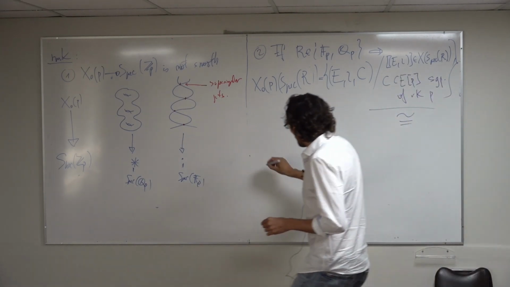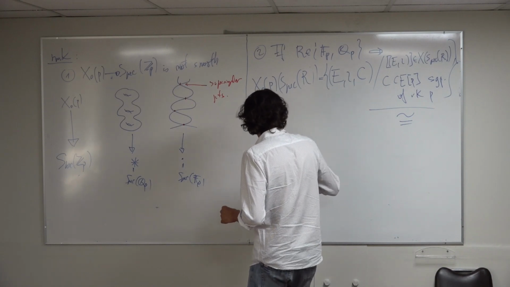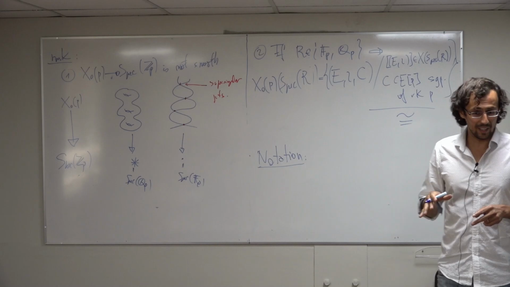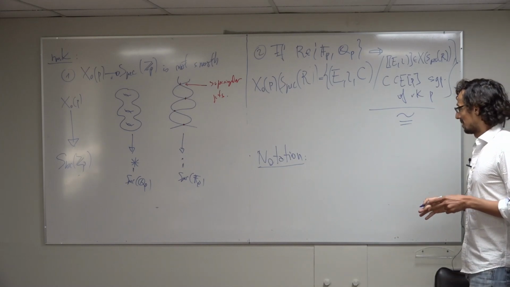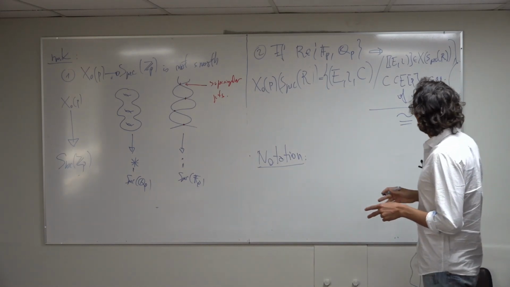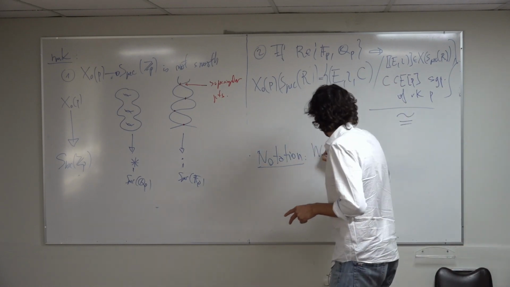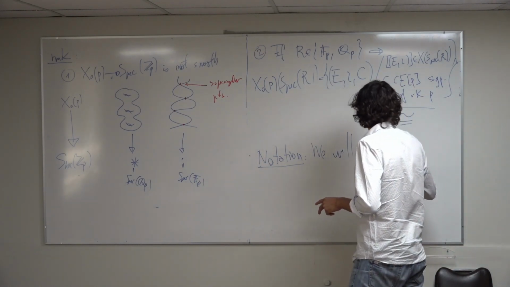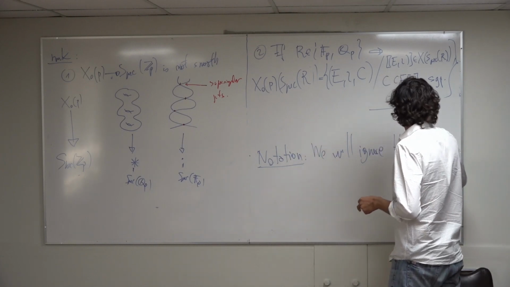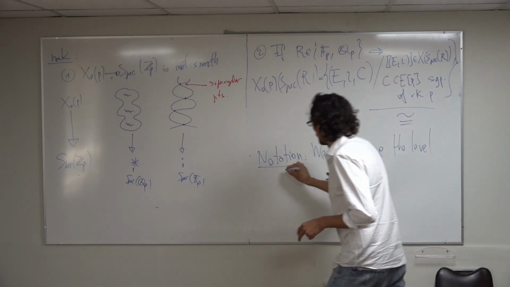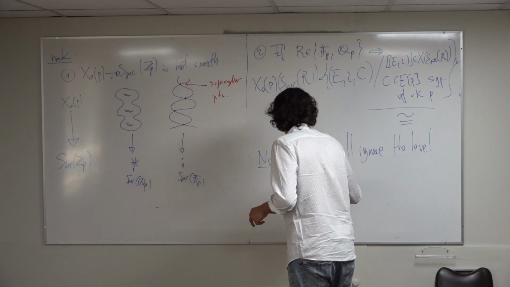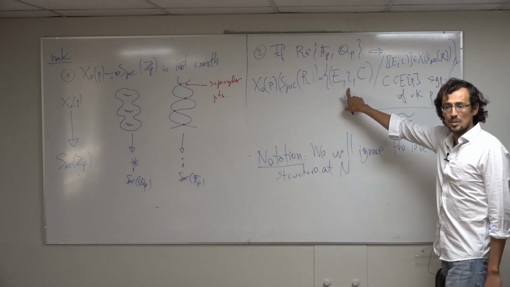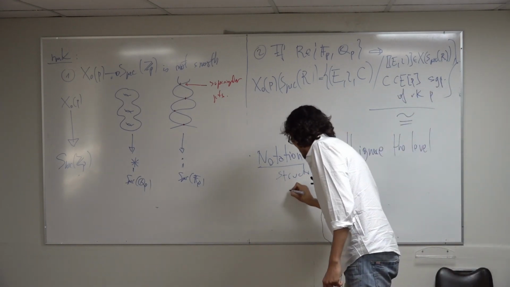Some notation that we will use from now till the end of this series of talks is that we will ignore the level structure at n. So we don't care about this iota.